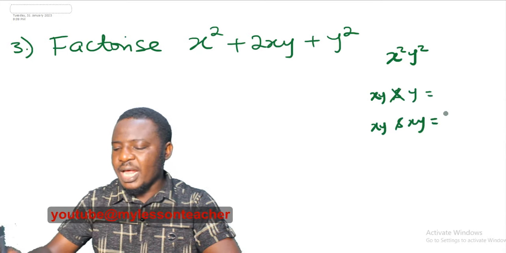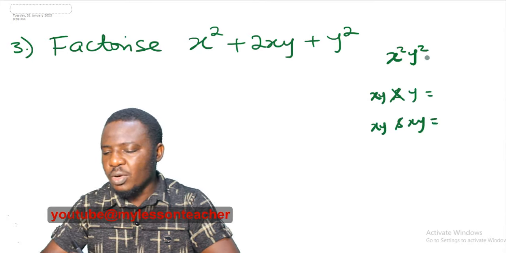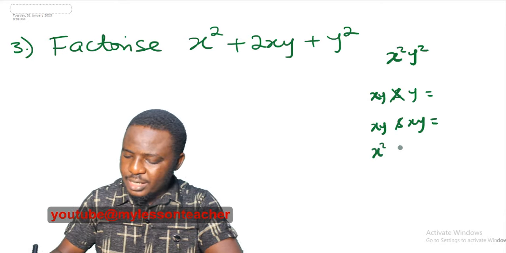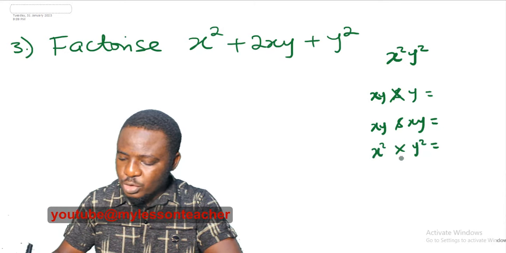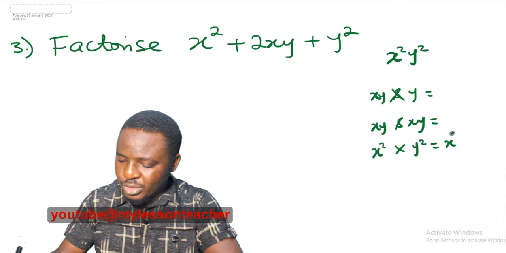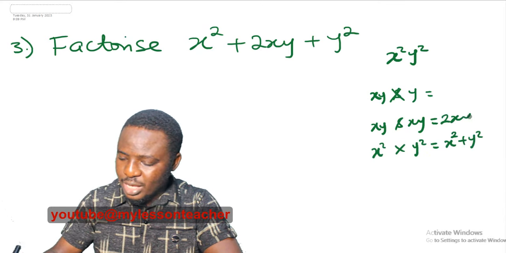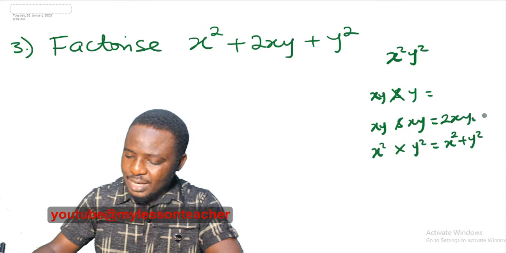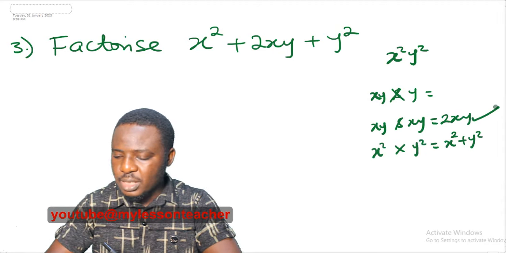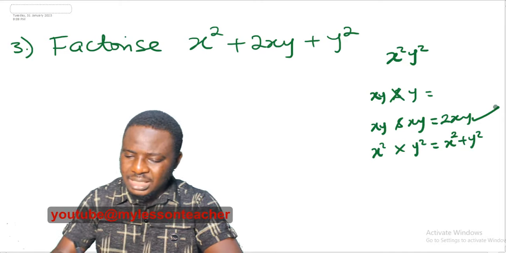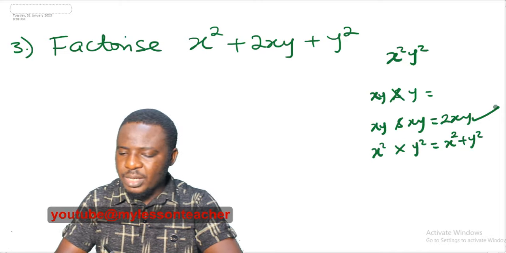Now when you multiply them together, it gives you x squared y squared. And we have x squared times y squared as well. But when you add them together, it will give you x squared plus y squared. But when you add xy and xy together, it gives you 2xy. So these are the two terms that meet that condition.